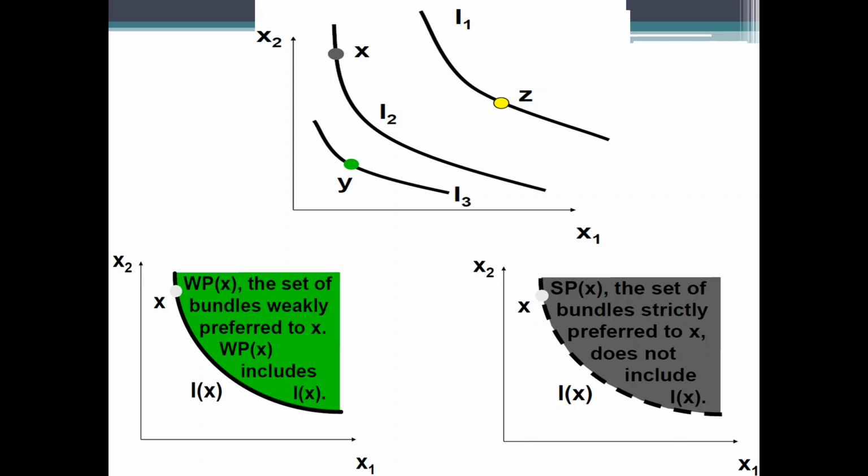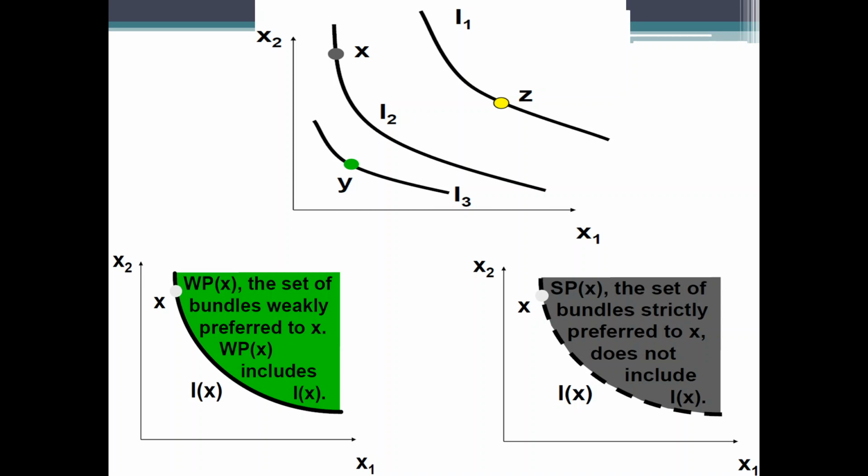The higher the indifference curve, moving to the right, the higher the level of utility and satisfaction. So I1 is a higher indifference curve with a higher utility than I2, and I2 is a higher indifference curve compared to I3, and it also provides a higher level of satisfaction to the consumer.